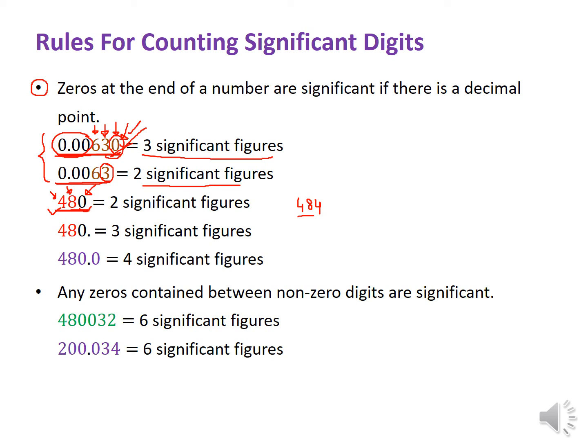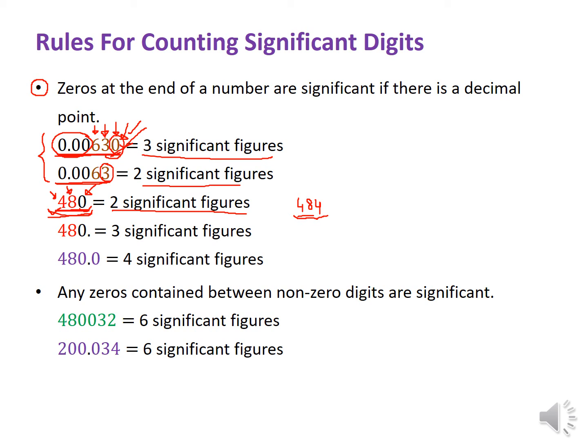So we are not sure about the trailing 0, the unit digit. For this reason, the trailing 0 is not significant here, and in the number 480 we have 2 significant figures, 4 and 8.